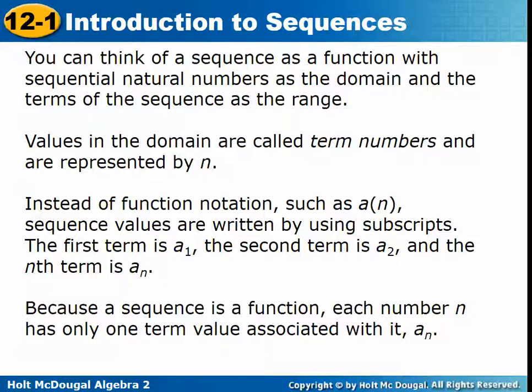Instead of function notation, like a of n, sequence values are written by using subscripts. So the first term is a sub 1, the second term is a sub 2, and the nth term would be a sub n. Because the sequence is a function, each number n has only one term value associated with it, a sub n. So it's like for each x there's only one y, but for each n there's only one a sub n.